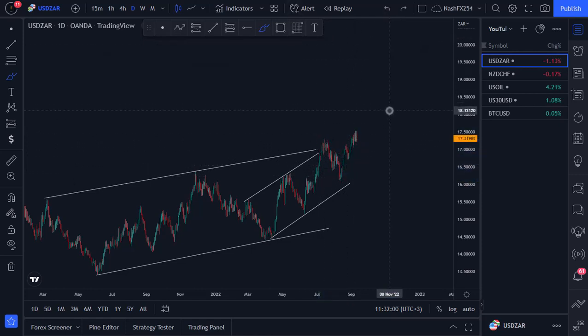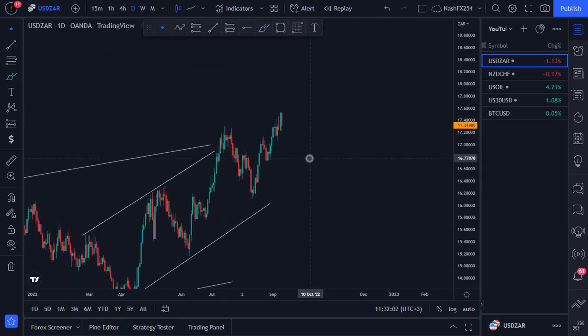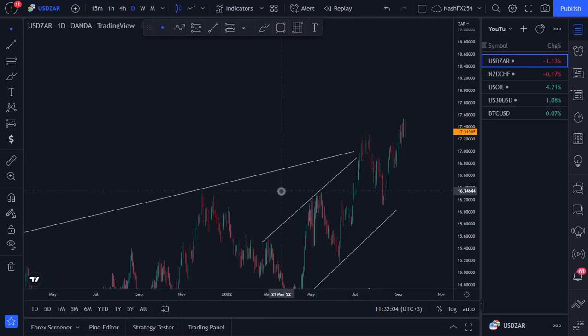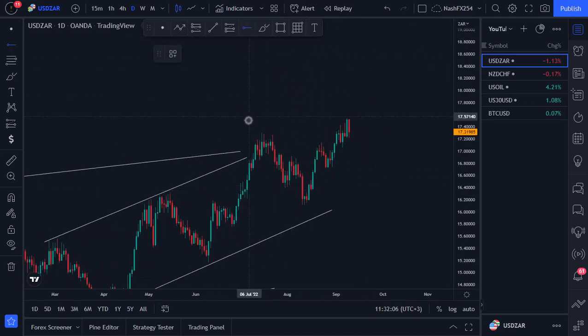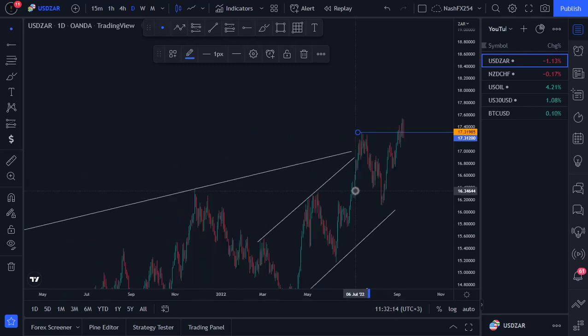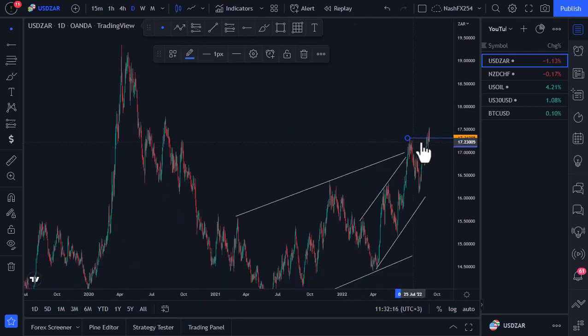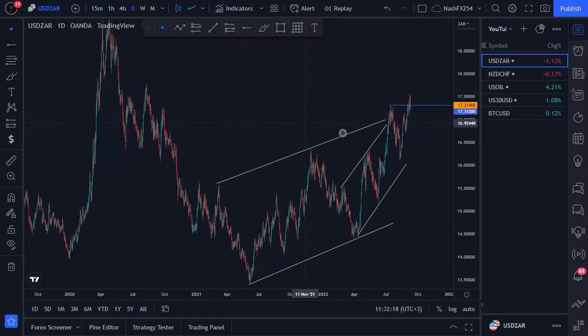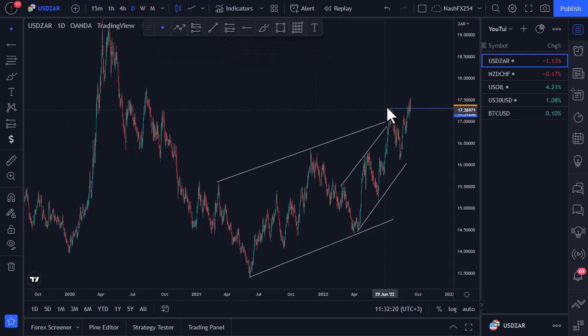So it was either one of two things to happen. Since the overall pattern is towards the downside, it was either we get a double top, or the price breaks this top, catches people on the wrong side, and then we quickly reverse to the downside. So let's try and see the psychology in this part. Looking to the left, we can see this area over here.